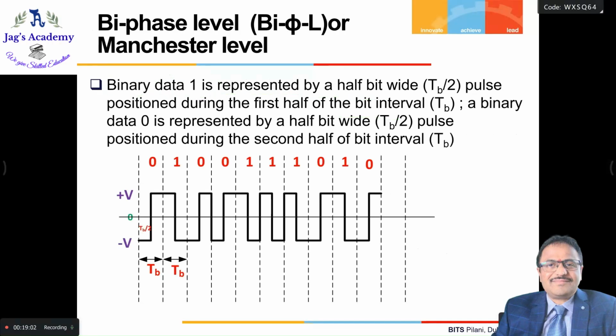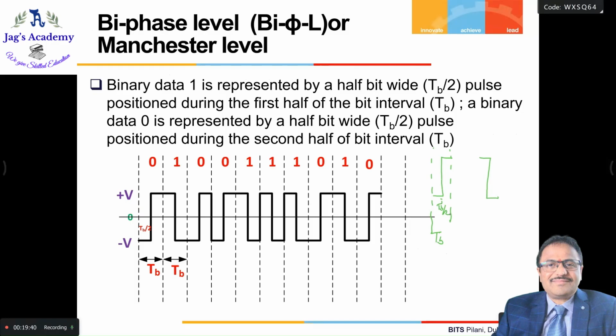See, it's very simple to understand. Biphase: a pulse can be represented like this, high to low, and we can have something represented by this also. Suppose this is your pulse width TB. You see here there is a change in the phase at TB by 2.